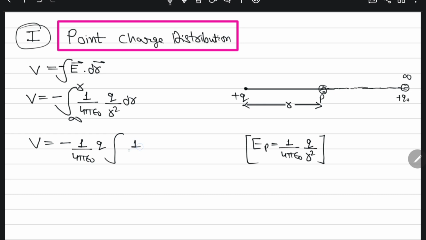So 1 by r square dr from infinity to r, Q upon 4 pi epsilon naught minus 1 by r from infinity to r.